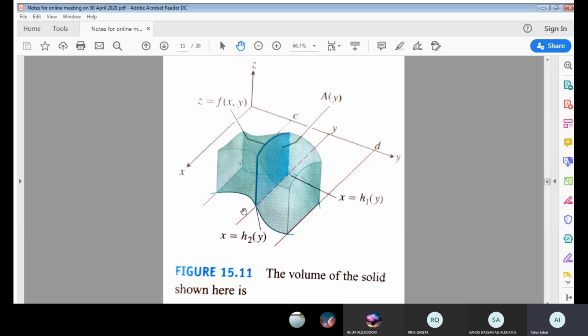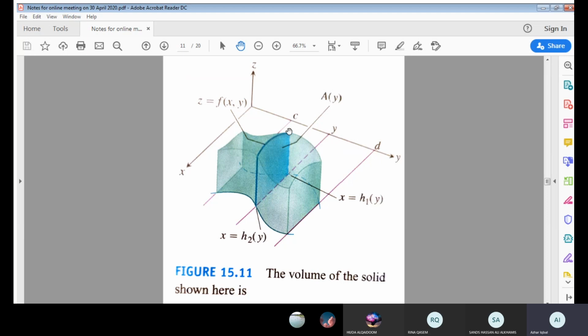When y is fixed, it represents the cross-sectional area cut out by the plane running parallel to the xz plane and passing through this dotted line. As you keep moving this plane in this direction, the cross-sectional area will keep changing, so it becomes a function of y only.